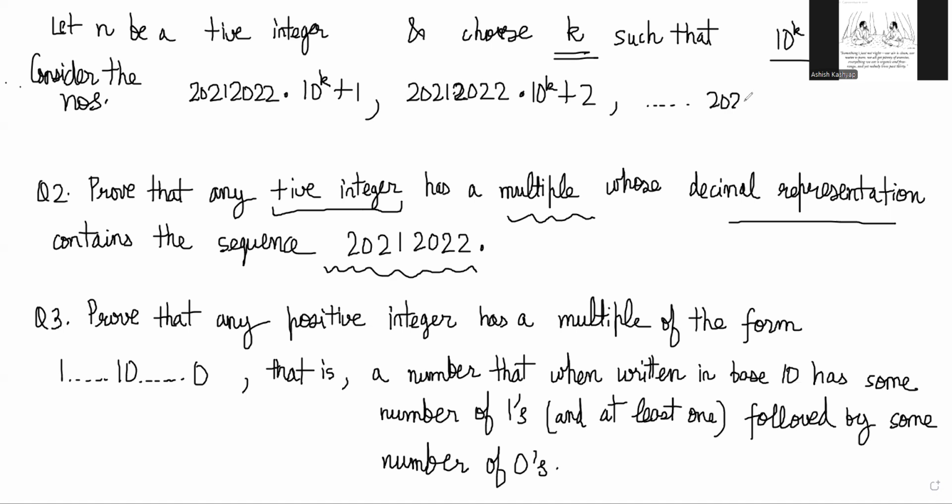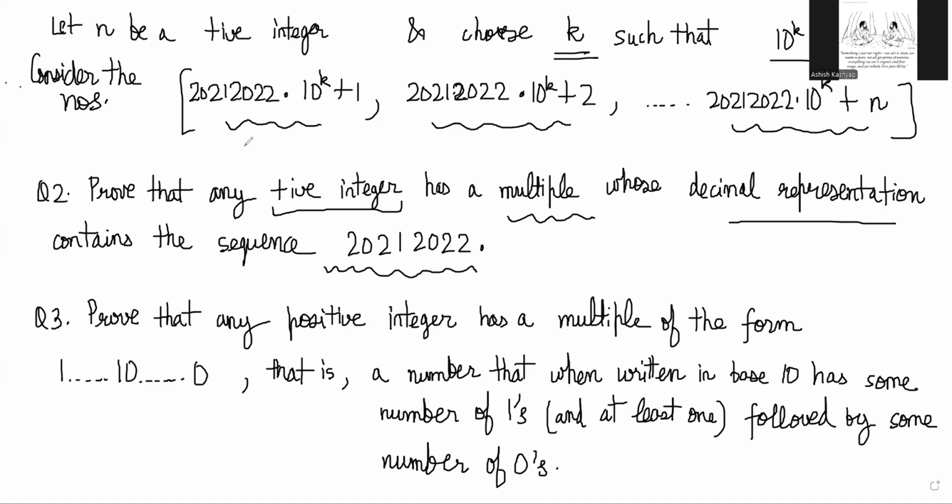And 2021 2022 into 10 power k plus n. These are n numbers that I'm talking about right now, right? This is the first number, this is the second number, this is the nth number.